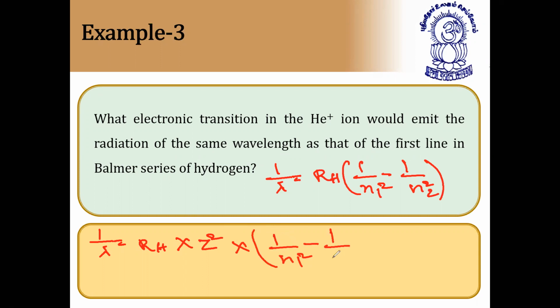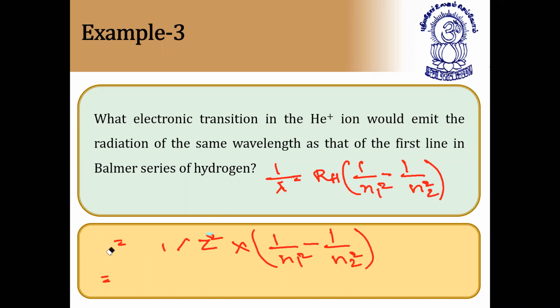That is for hydrogen-like species. Here the 'into' is not required because we already kept the bracket. So here in the first case we can find out lambda. I'm rubbing this out now because space is not there. Z square is important over there. For hydrogen I'm not writing Z square.